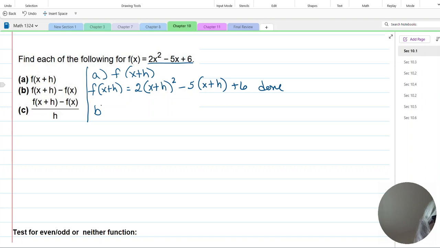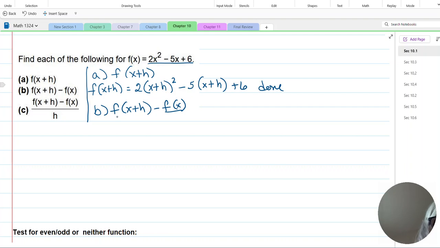On the B, they want f of x plus h minus f of x. What they're doing is a compound change of this function, but they're not changing this one, but we have to include it because this is a compound functional change.